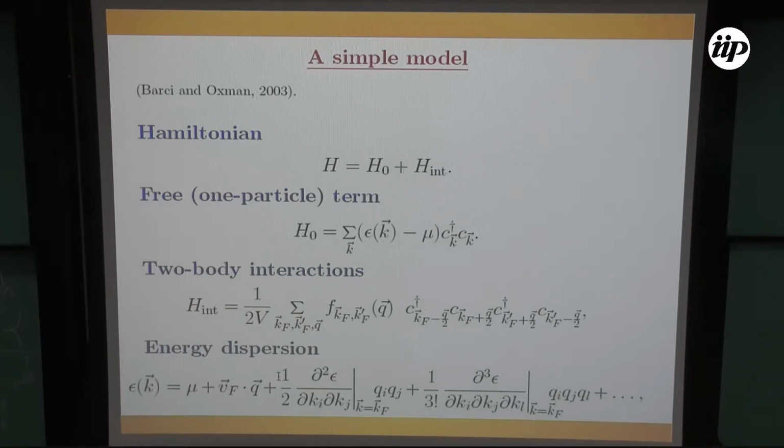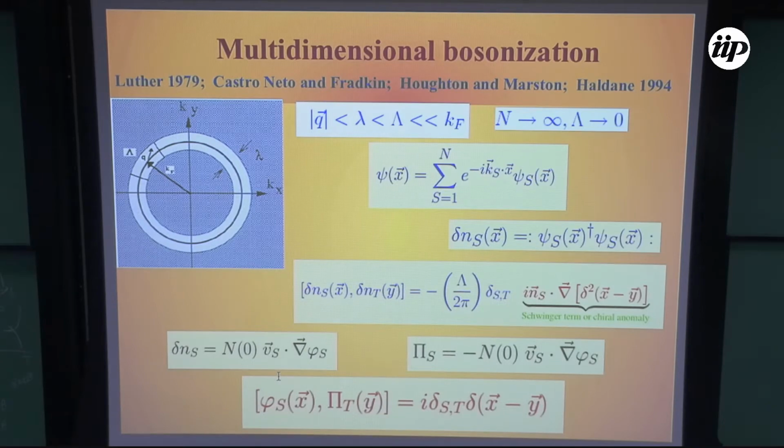Most of you know that bosonization is a very good technique in one dimension. This is an exact technique in one dimension, but not in two or three dimensions. Multidimensional bosonization has a long history. It began with Luther in the '70s, and then was developed more rigorously by Antonio Castro Neto and Eduardo Fradkin.